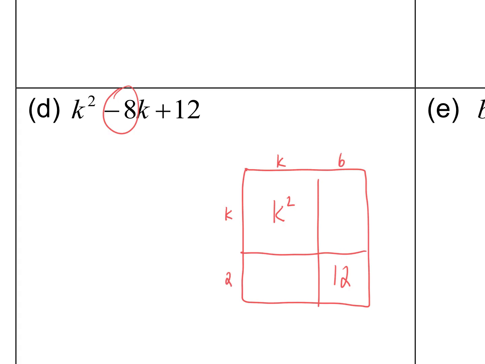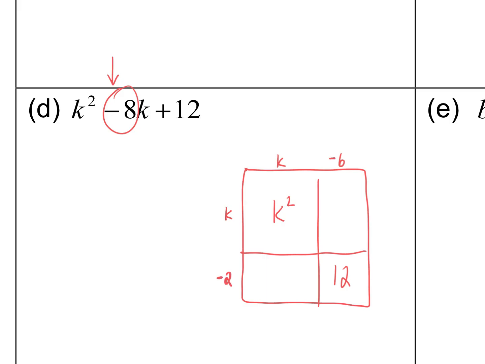But you need to ask yourself, I want to get minus 8. So that means this piece must be minus 6. This piece must be minus 2. So that when I add them up, I get minus 8, right? Both of them should be negative because negative 6 times negative 2 also gives positive 12. So when you see a negative number here, you know these two must be negative.